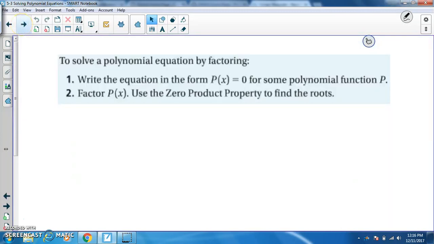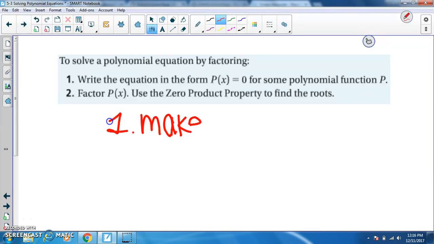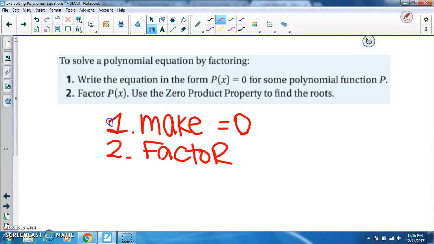In order to solve a polynomial equation by factoring, we are going to write the equation in the form of a polynomial is equal to 0. So 1, make equal to 0. 2. Factor p of x. Use the zero product property to find the roots. Factor. We are going to review a few different options of factoring. 3.